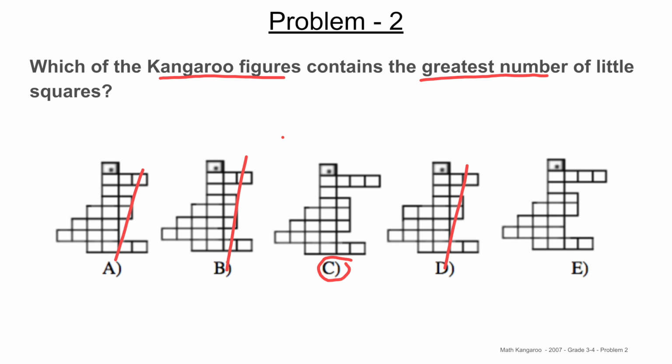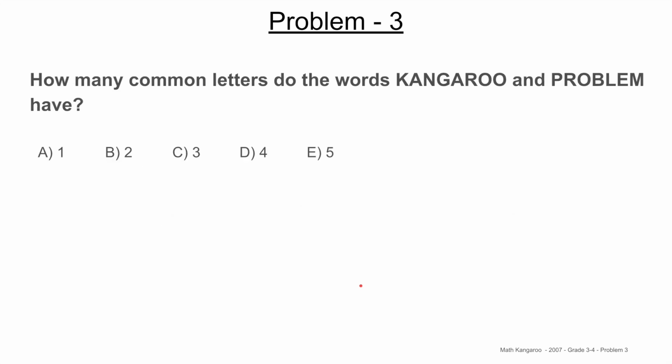Ready for the next challenge? Get set for problem 3. Alright, let's start by reading the problem carefully, slow and steady. Here's our challenge. How many common letters do the words kangaroo and problem have?